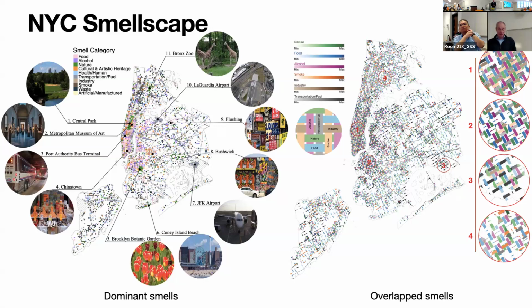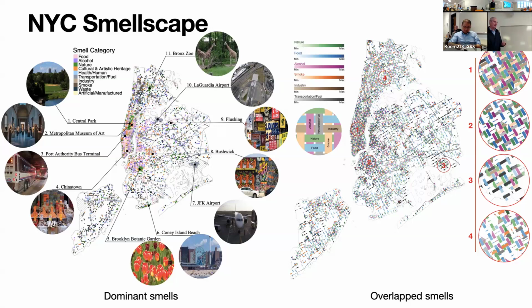So again, if we look at different areas, for example, if you're looking at Manhattan, you're getting quite a large diverse mix of things compared to number 3, which is your fuel smells and so forth down at the airport, right? But trying to visualize multiple categories of smells in one area is quite tricky, but this weaving technique helps us understand that.